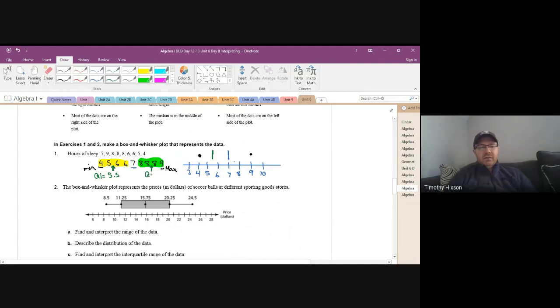Q3 is 8. So there's my 3rd quartile. And now I'm just going to go ahead and draw the actual whiskers. There's my whiskers. Here is my box.